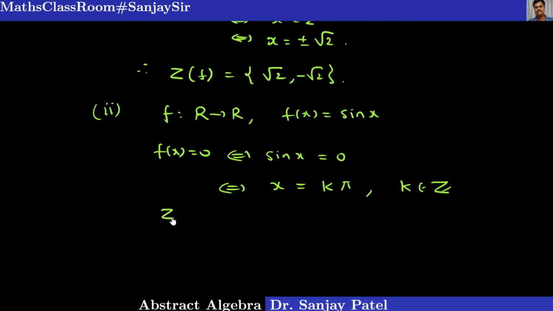So the set of zeros of the sine function in this case is nothing but the set of numbers of the form k pi where k belongs to Z.